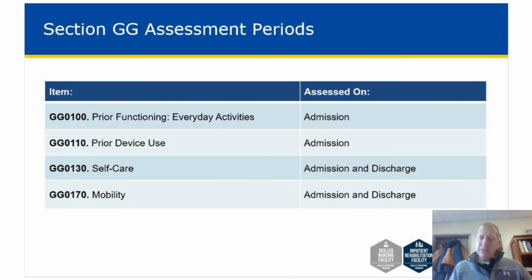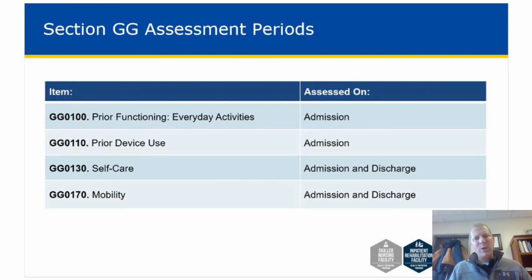Now each site, each facility, a skilled nursing facility, home health, inpatient rehab, long-term care, hospital, each of them have different stipulations or different windows of time when that admission assessment would take place. And I'm not going to get into that. You will learn those as you go out on perhaps level 2 field work, and you experience those.